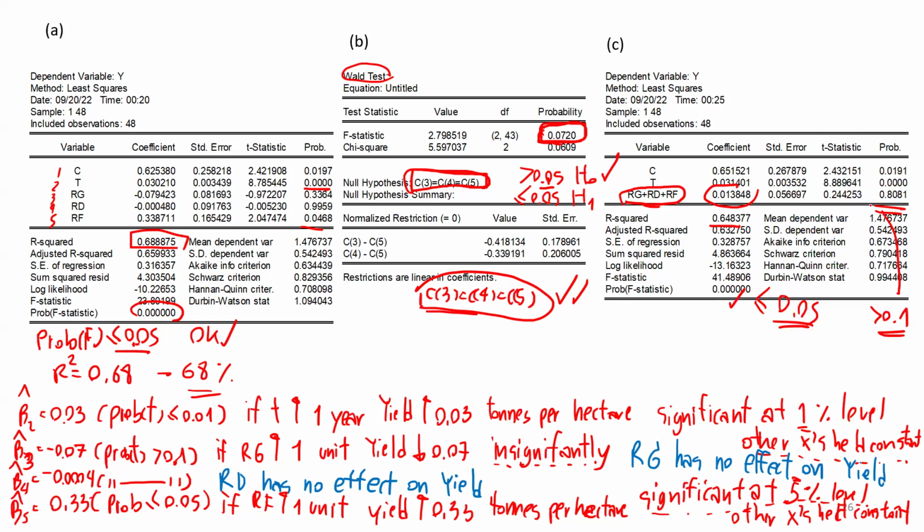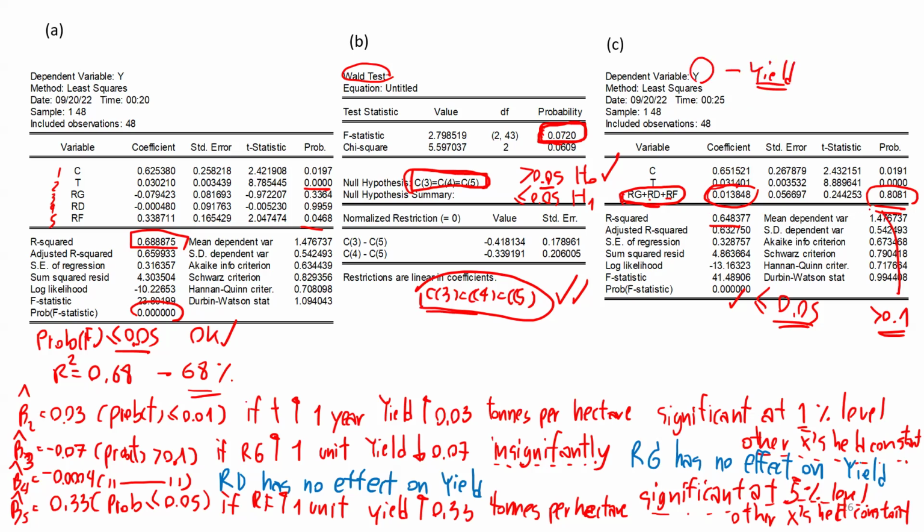How about 0.8? Insignificant, yes, of course. The real meaning is about rainfall, because RG plus RD plus RF is the rainfall. The level of rainfall has no effect on yield.